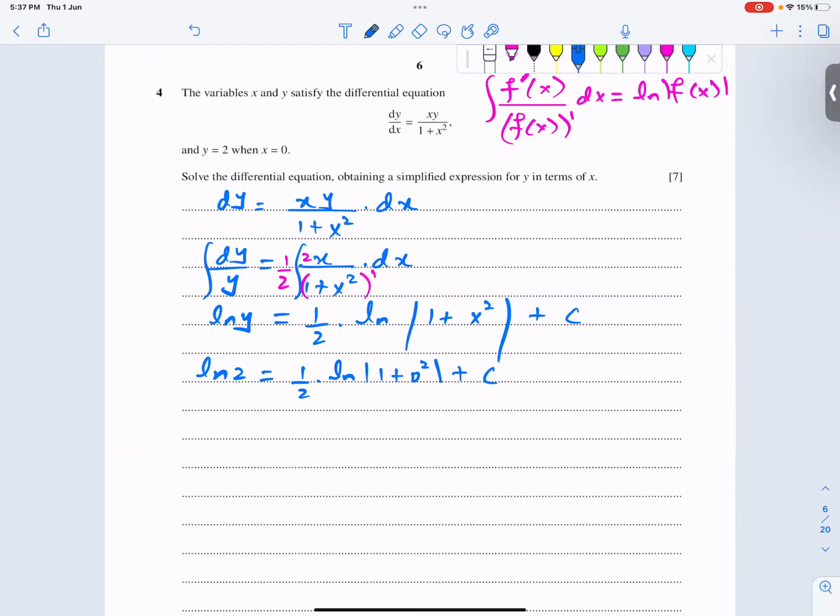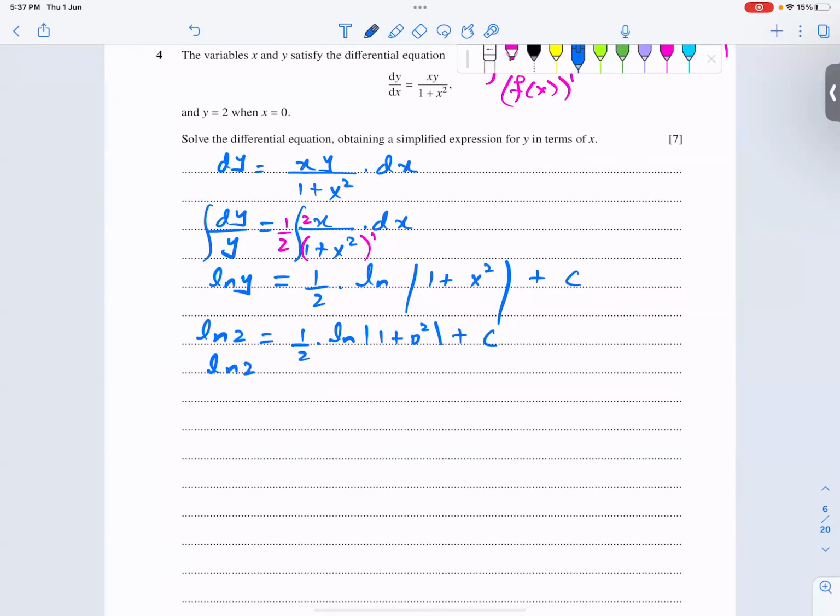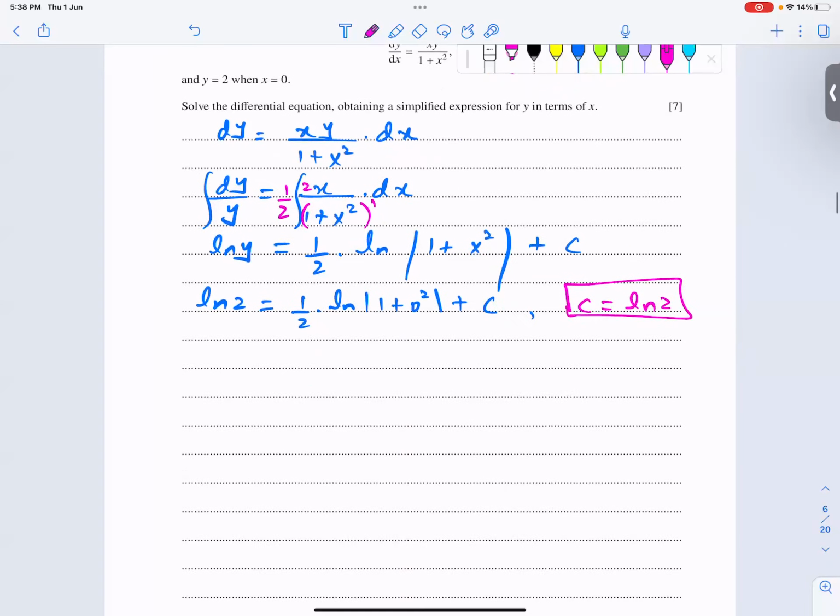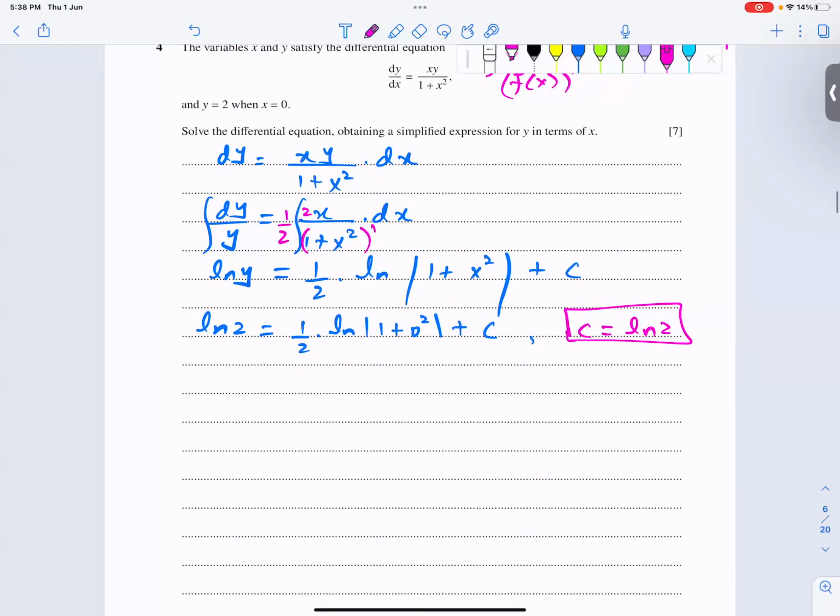So we can write directly ln of 2, ln of 1 is 0, so the value of c is ln of 2. Put this value in the above expression. ln of y is equal to 1 over 2 ln of 1 plus x square plus ln of 2.